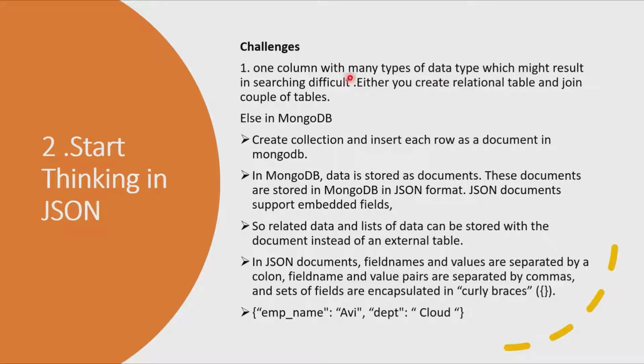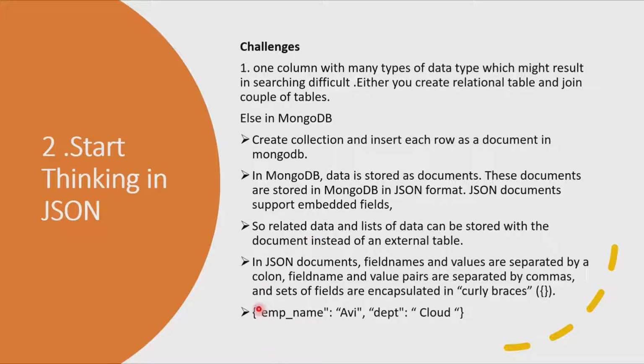What are the challenges? One column with many types of data types can be included in MongoDB and a JSON file. When you do it, you create a collection and you insert each row as a document in MongoDB. This is how it works. This is not actually possible in a relational database. So how do we do it?